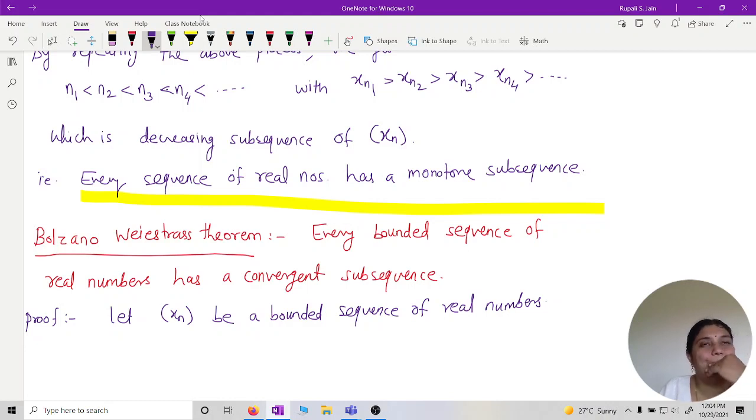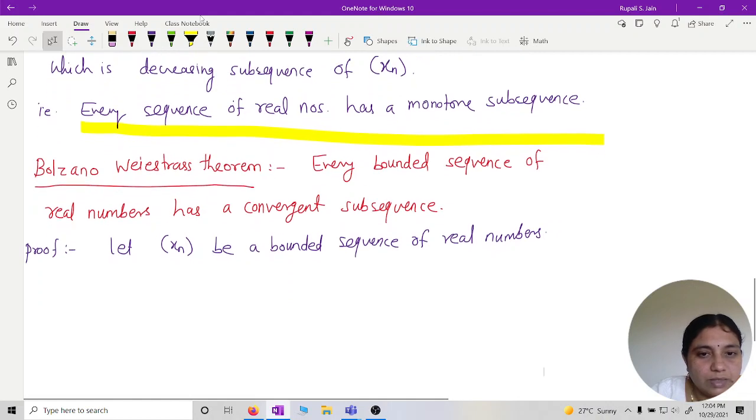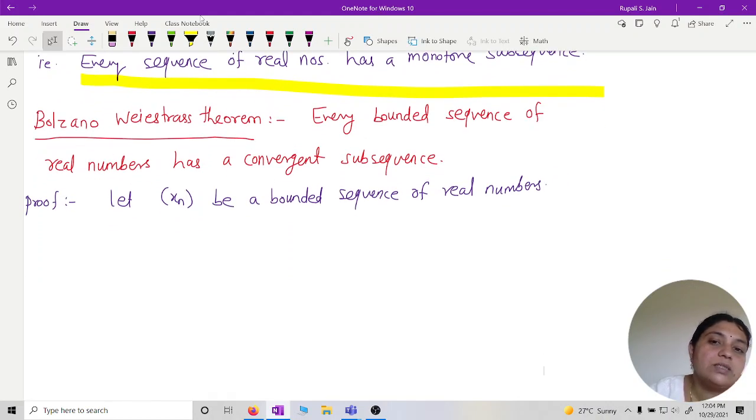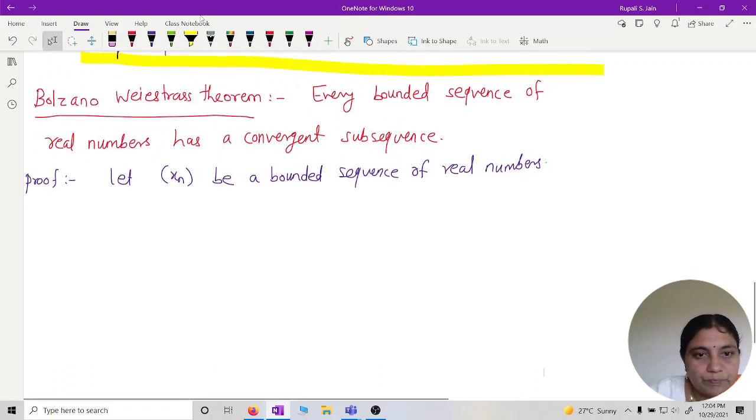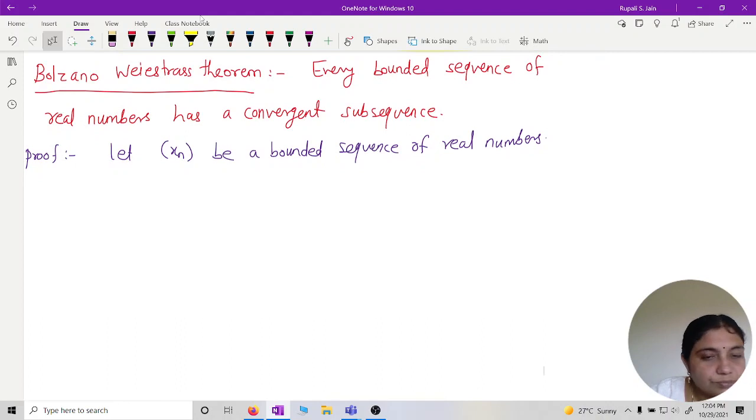Then by the above theorem, we can write the proof of that same theorem. We define the set S; if S is finite, we will get an increasing sequence, and if S is infinite, we will get a decreasing sequence. So we will get a monotone subsequence. Now I want to prove that the monotone subsequence is a convergent subsequence. Is it right?